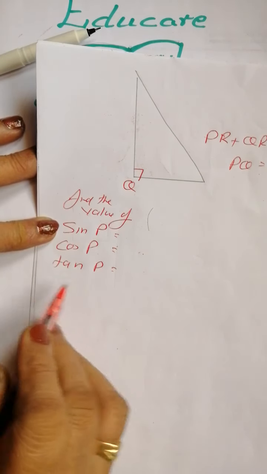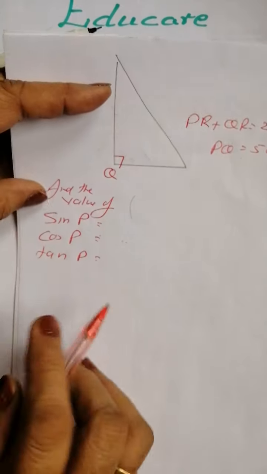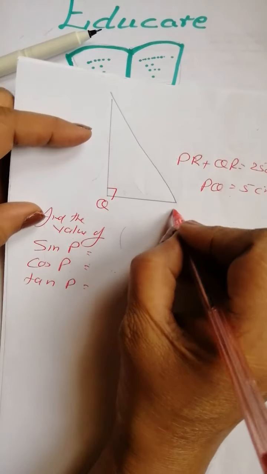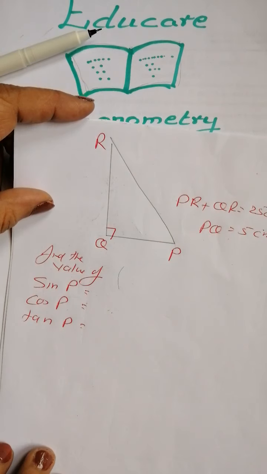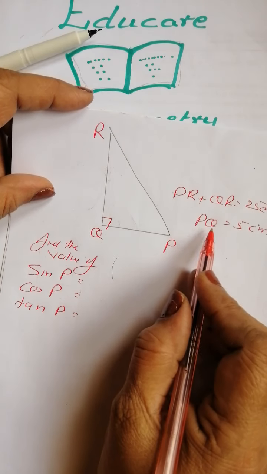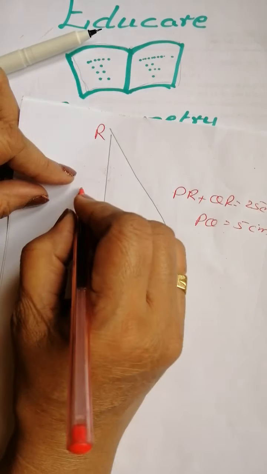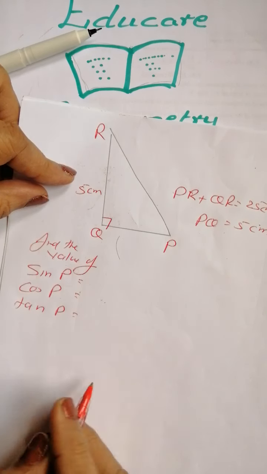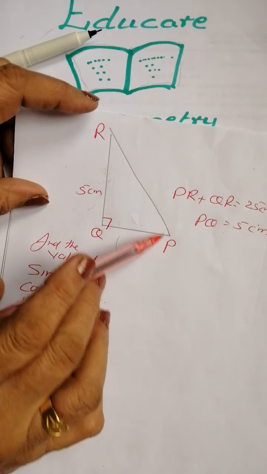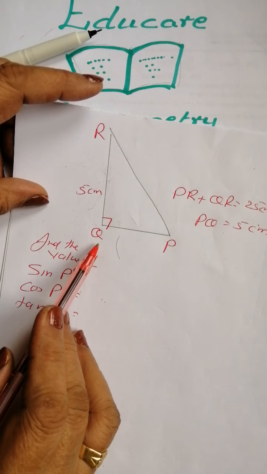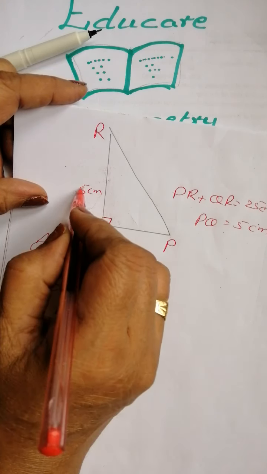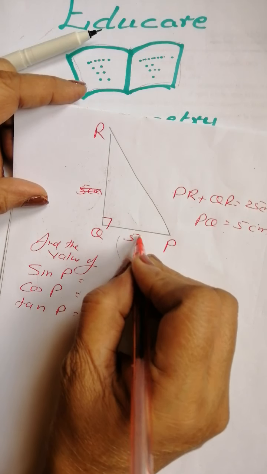Got it? Now, what I have told you, if they have given P, put P here, PQ, and put R here. Clear? They have given PQ is equal to 5 centimeter.